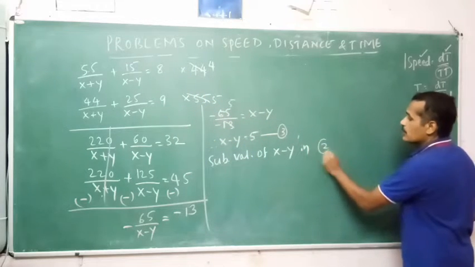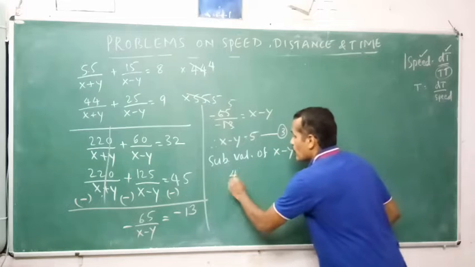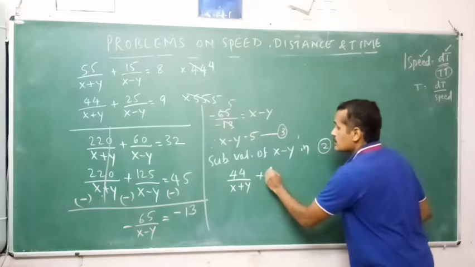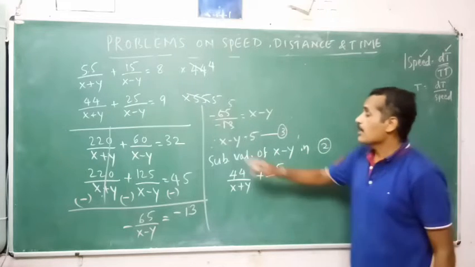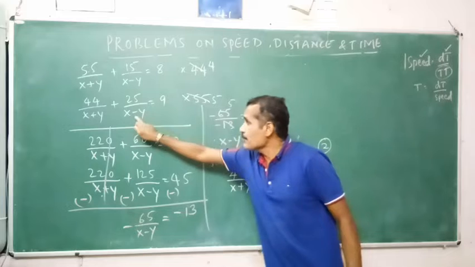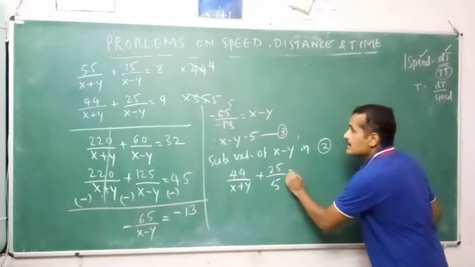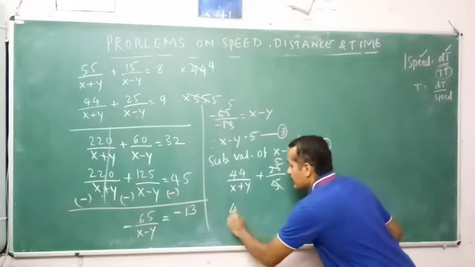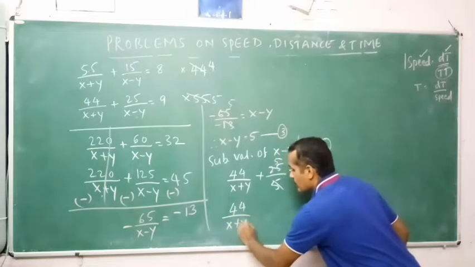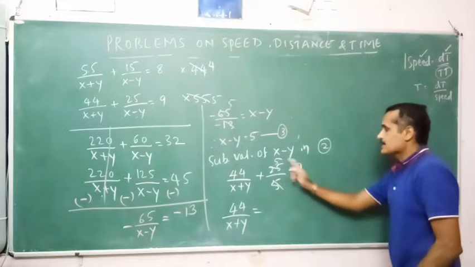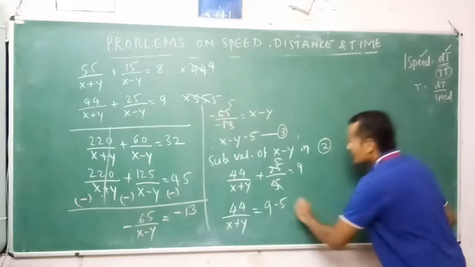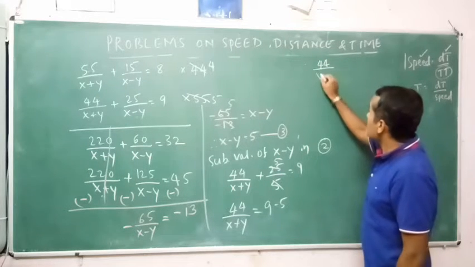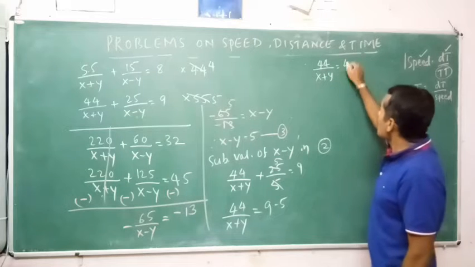I can substitute in equation 2. 44 divided by x plus y plus 25 divided by x minus y. x minus y is nothing but 5, is equal to 9. Ones are 5. So it is 44 divided by x plus y is equal to 9 minus 5. That will be 44 divided by x plus y is equal to 4.